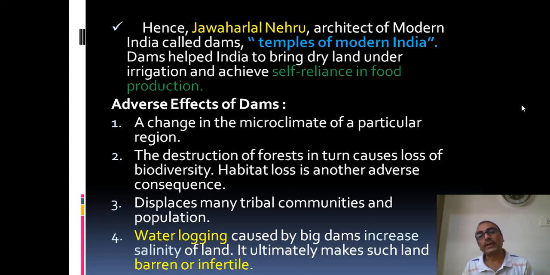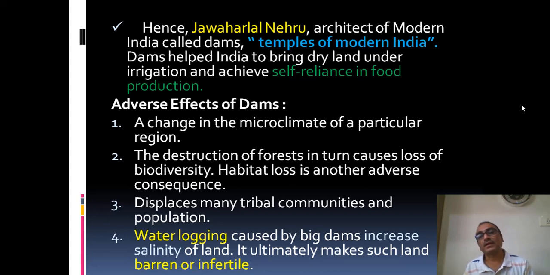Then waterlogging, when water becomes stagnant in the land area and, because of the nature of the soil, is not percolating. Clay soil, for example, cannot allow much water to pass through it, so waterlogging takes place and water remains stagnant in the soil.